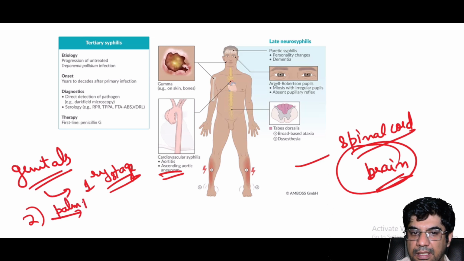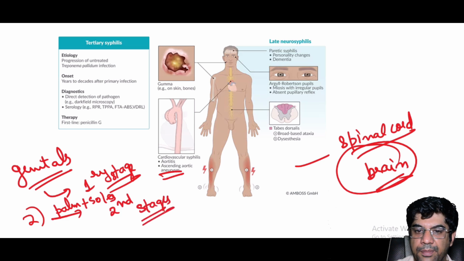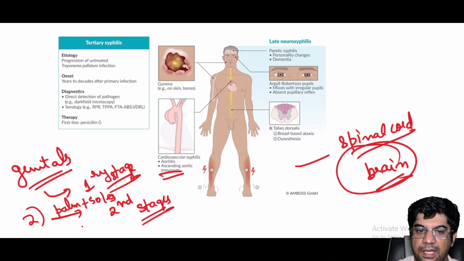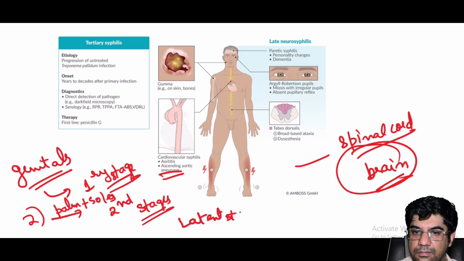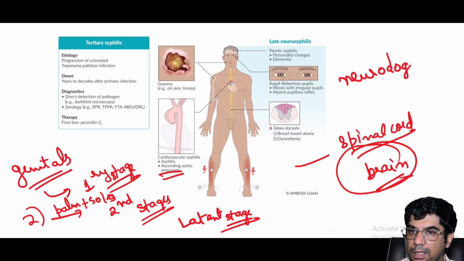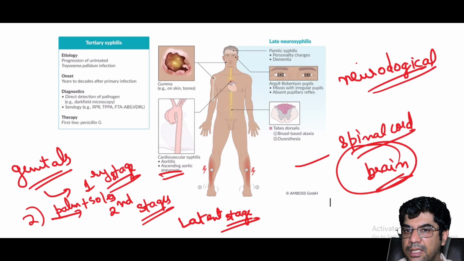Which stage? It's the secondary stage. No symptoms but a positive blood test for syphilis. The answer is latent stage. Other is soft non-cancerous growth and neurological problems years after the initial infection. Which stage? It's the tertiary stage.